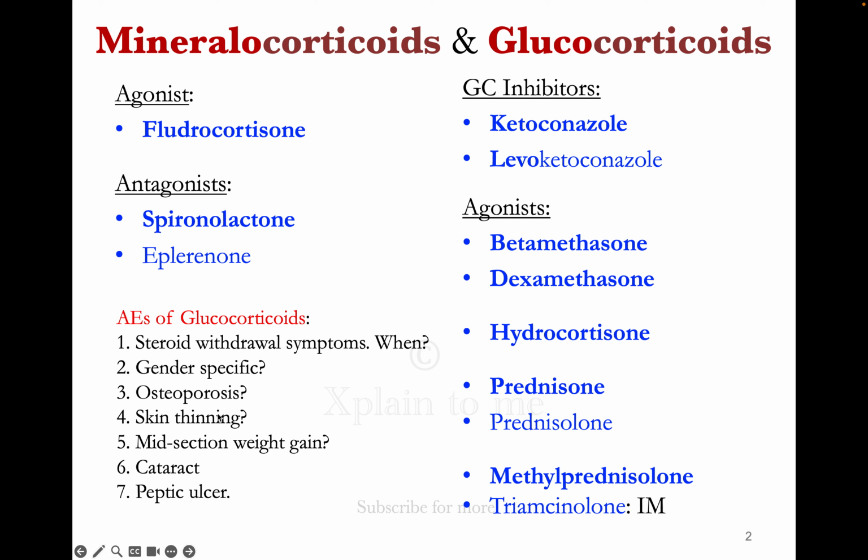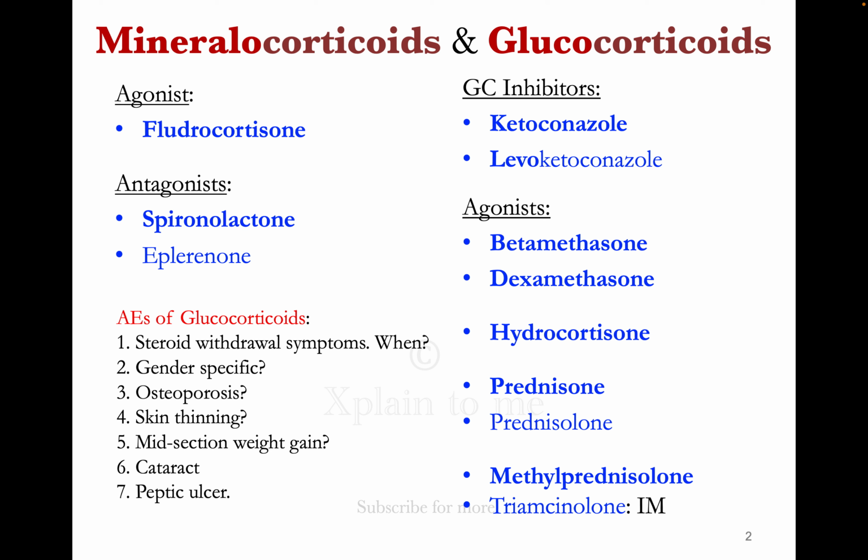Then another point, skin thinning, that is also a significant point. Patients get a lot of stretch marks, very thin skin, and the blood vessels can show very clearly through the skin, transparent skin formation. There are 2 points to remember. In the epidermis, cell division will be very low, so a very thin layer of epidermis, and keratin synthesis will also be very low.